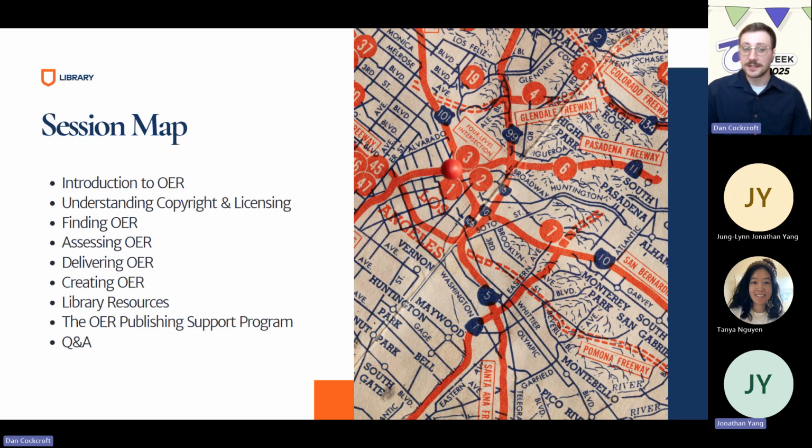We're going to look at finding OER, how to assess the OER that you find, how to deliver the OER you find, and even talk about creating your own OER. Then we're going to touch on some of the library resources available, the OER Publishing Support Program, and time for questions afterwards. I tend to talk quite quickly, so there will probably be lots of time, so don't worry about that.